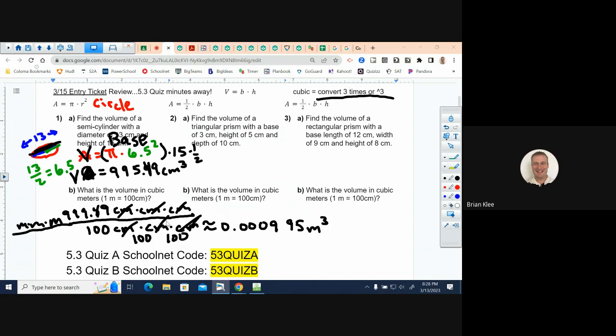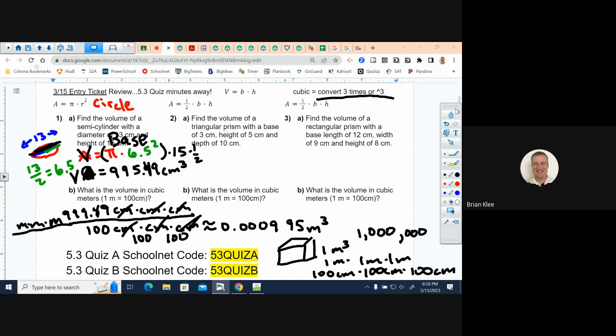And this should make a lot of sense because, again, we drew it. There's 1 cubic meter. Well, that's 1 meter by 1 meter by 1 meter, which is the same as 100 centimeters times 100 centimeters times 100 centimeters. So altogether, our conversion, 100 times 100 times 100, count up the zeros, we're talking about dividing by 1,000,000.